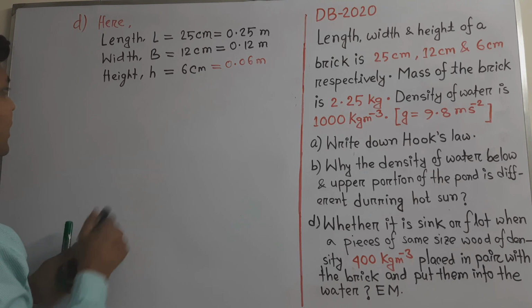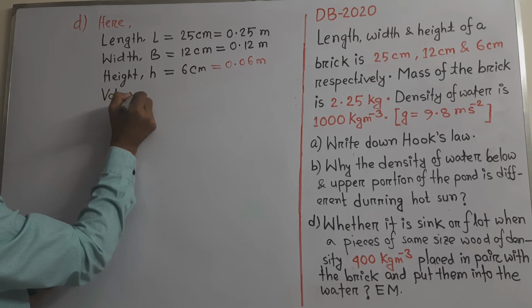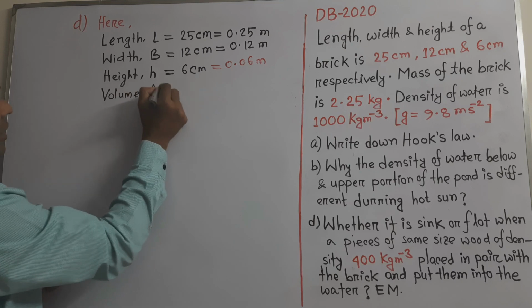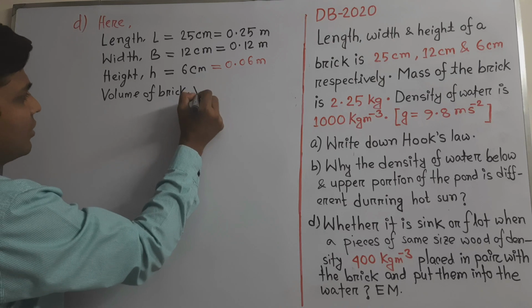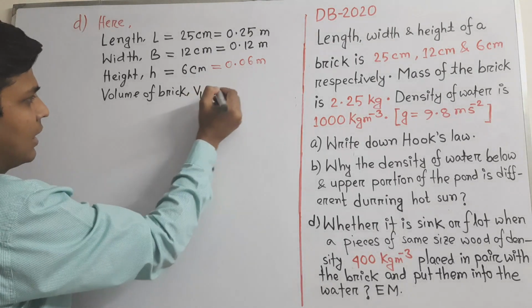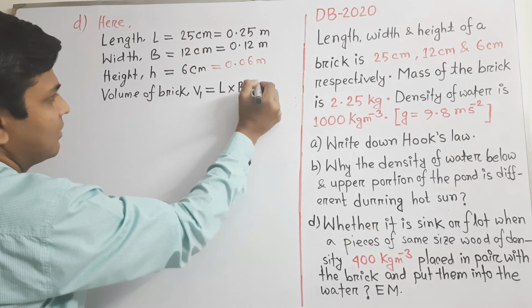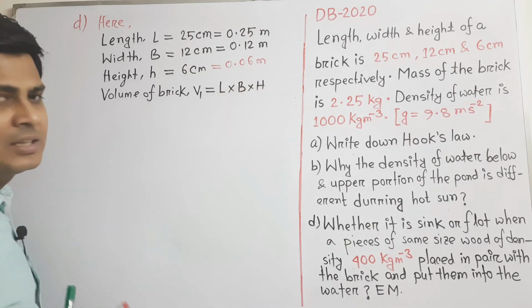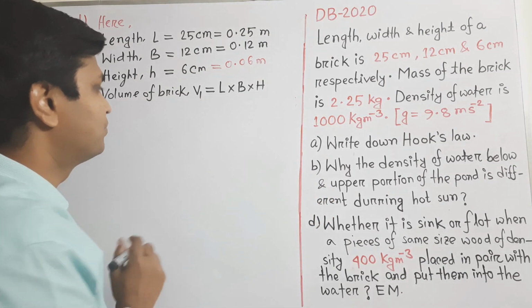Now we have to calculate the volume. So we can write here volume of brick V1, and we can write length multiply breadth and multiply height. If we multiply the length, width or breadth and height, then we will get the volume.